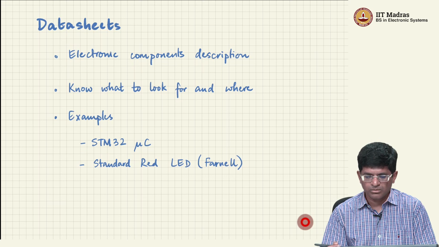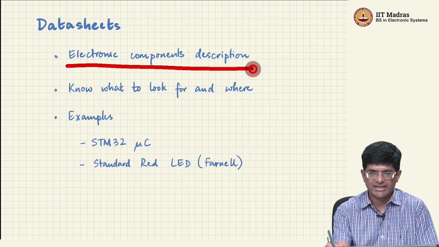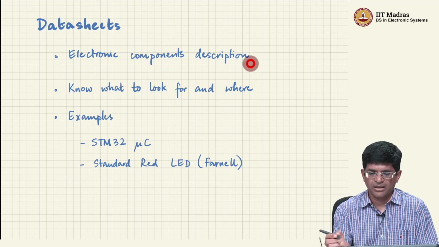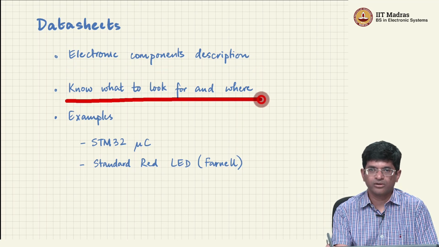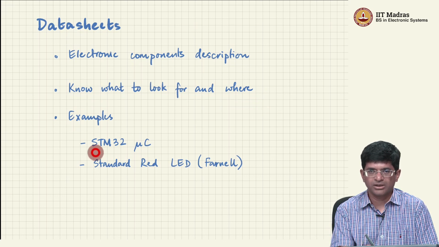What is important in terms of data sheets is, of course, to know what they are. They basically describe electronic components, but more importantly you need to know what to look for and where. So I am going to very briefly look at examples of a couple of data sheets.